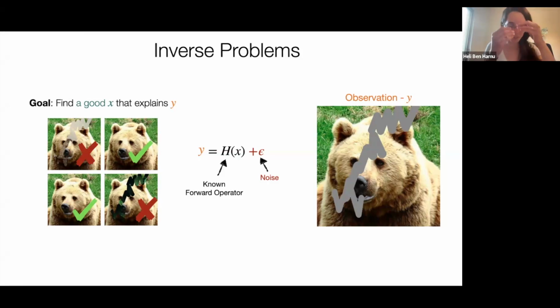So in a sense, we have some prior on what we consider as a good X. And formulating this in a more rigorous way, we can say that we want to find an in-distribution X that explains our Y. And this in-distribution, in this case, would be the distribution of natural images, for example.